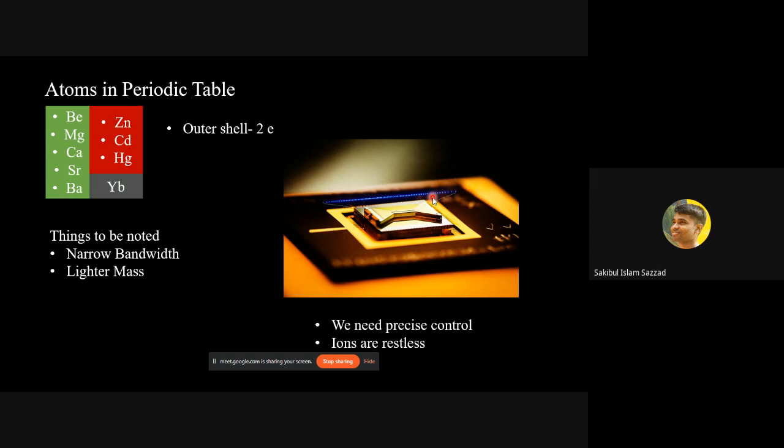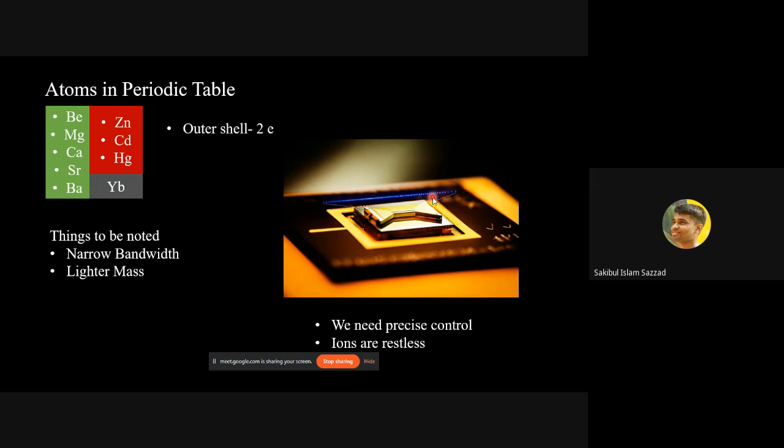Another thing is, everything has thermal energy. Every atom is moving randomly. Even at zero Kelvin, that is minus 273 degrees Celsius, there is vibrational energy. For that reason, atoms are doing some vibrational frequency motion.